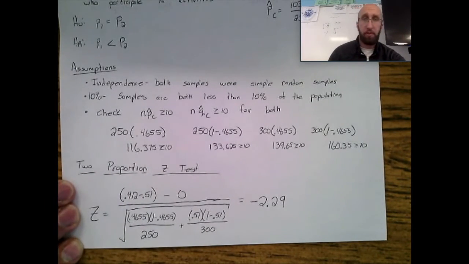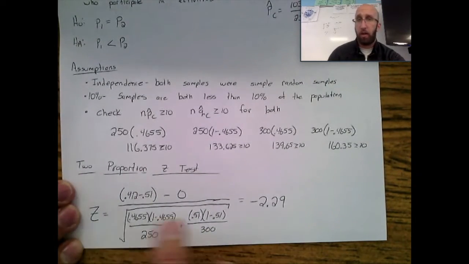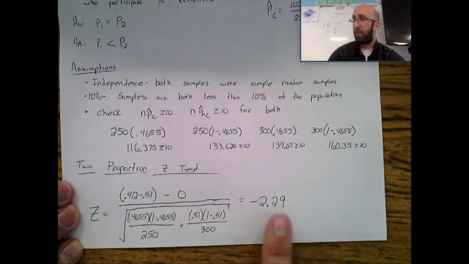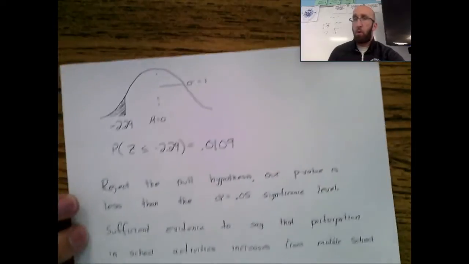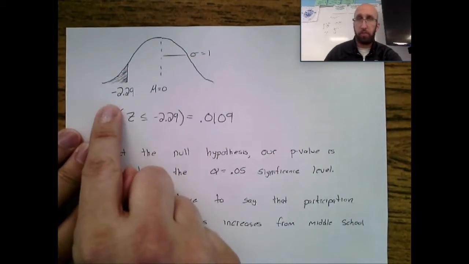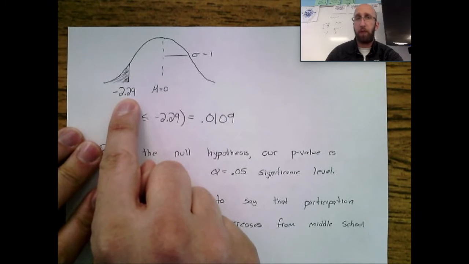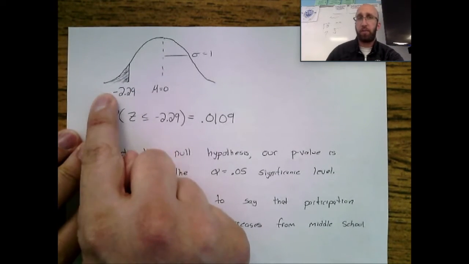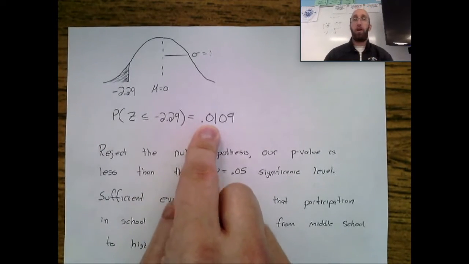I ran this through my calculator, a two-proportion z-test, and it helped me get through this piece. We get a z-score of negative 2.29. The calculator also helps with the p-value. I drew a normal distribution centered at 0 with standard deviation 1. There's my z-score of negative 2.29. The proportion of z-scores smaller than negative 2.29 is 0.0109.